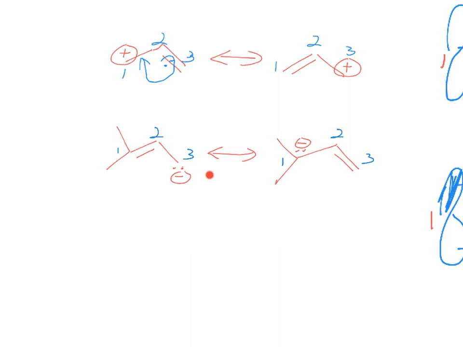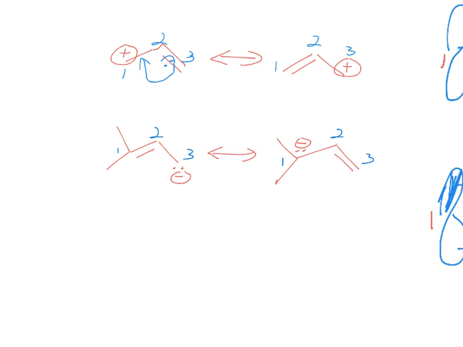To go from here to 1, 2, 3, what needs to happen with this carbanion, the carbon with a negative charge? Before, with the carbocation, we moved electrons towards it. But now if we have a negative charge, we probably want to use that to move electrons. So where do we need to push electrons towards? Carbon 1 ends up with a negative charge, so we need to push electrons towards carbon 1.